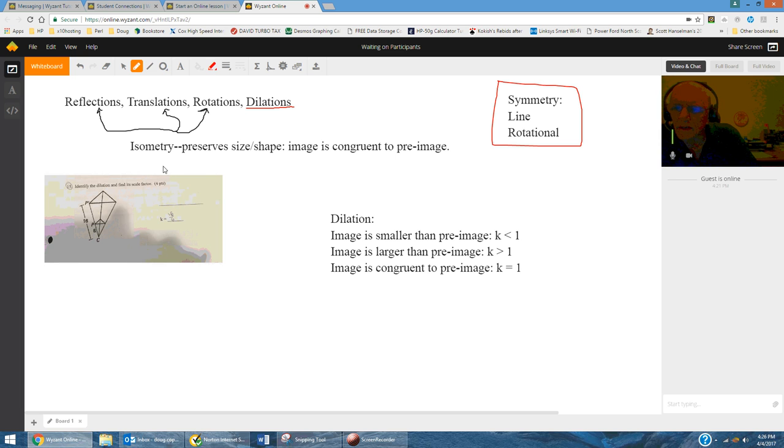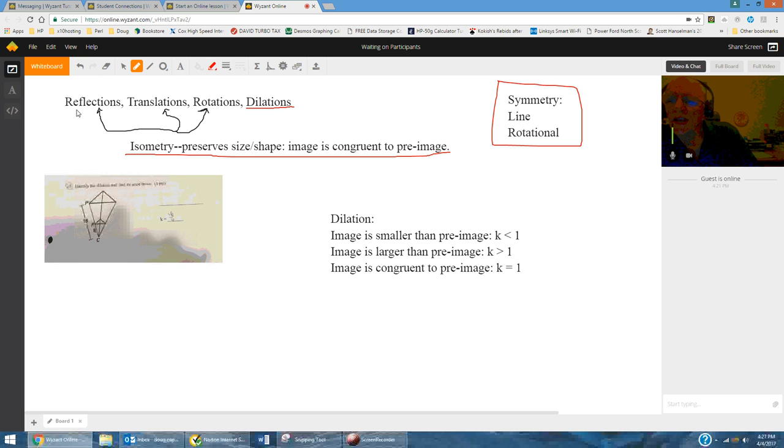Okay, and I don't know if you were introduced to this word, isometry. An isometry is a transformation that preserves size and shape. An image that is generated by an isometry is congruent to the pre-image.